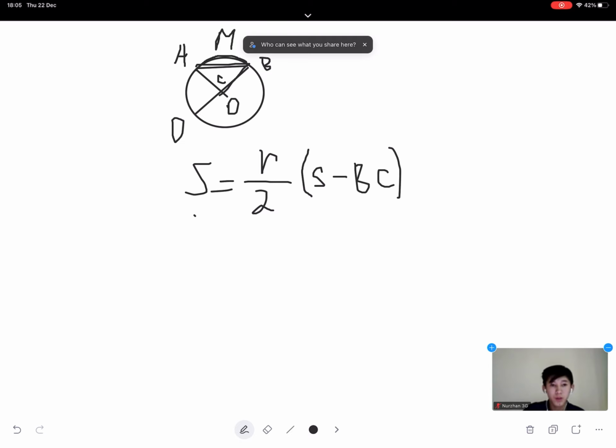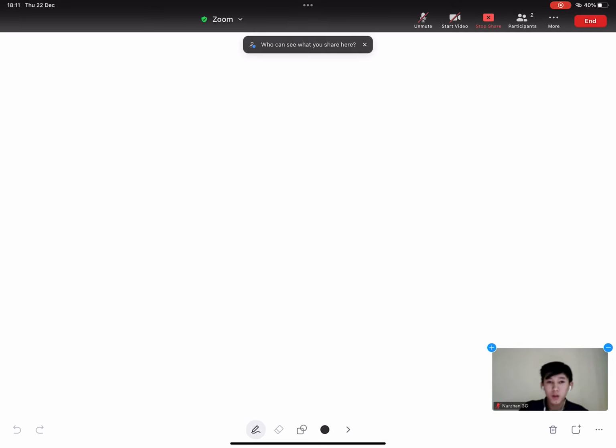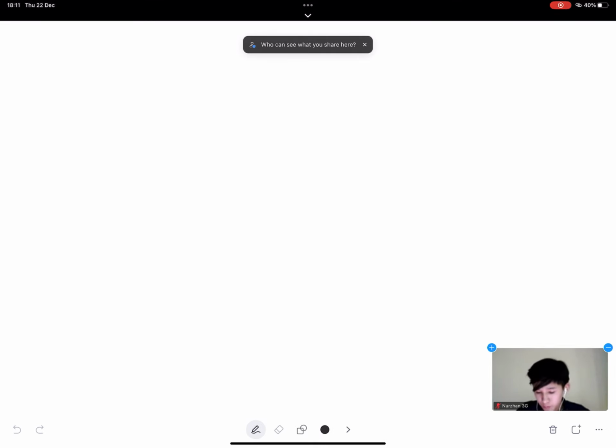And the formula of the segment area A is equal to 1 over 2 R squared times (alpha minus sine alpha). And next is the example.